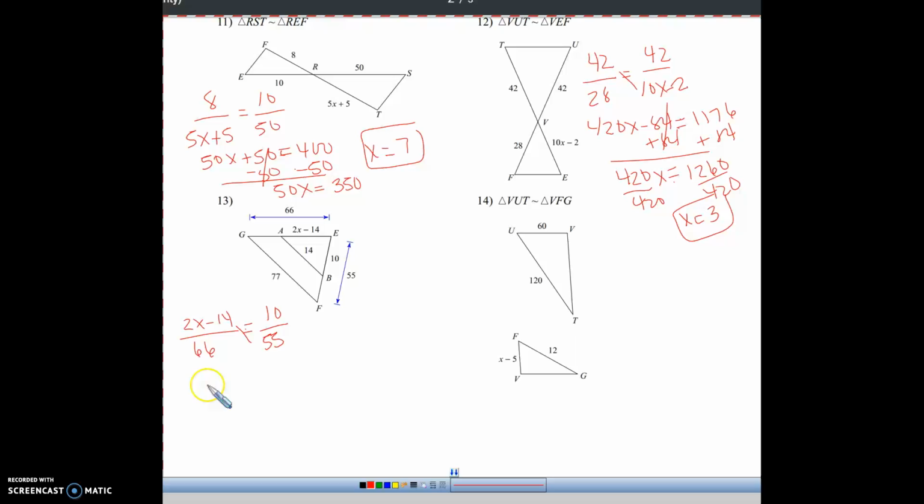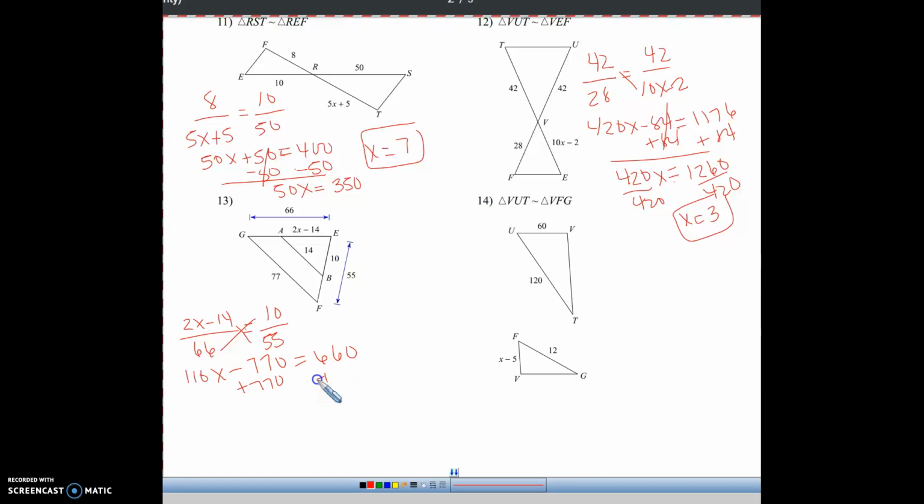Okay, I'm going to distribute, and 55 times 2 gives me 110x minus 55 times 14, 770, and that's going to equal 66 times 10, 660.